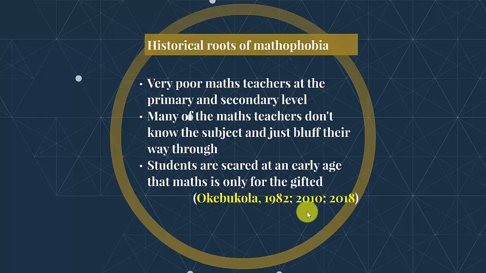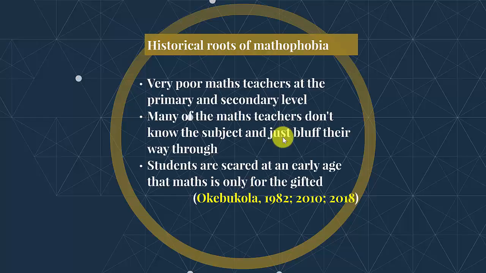Some studies that I've conducted over the years have shown that the fear of mathematics is largely caused by very poor mathematics teachers. At the primary school and secondary school level, we have very many poor mathematics teachers. I'm talking about Nigeria. I'm sure the same is true of Burundi, of Kenya, of many other countries like that.